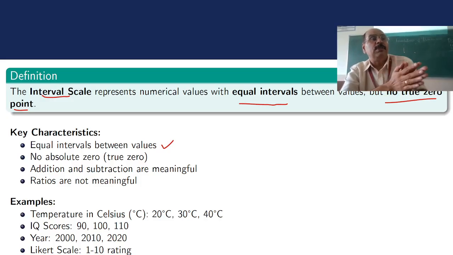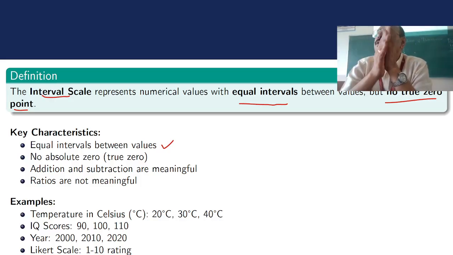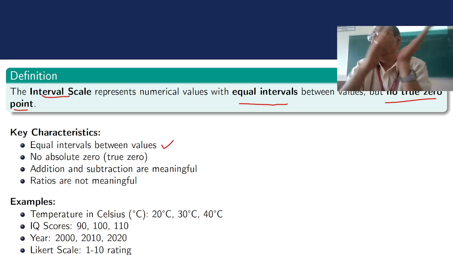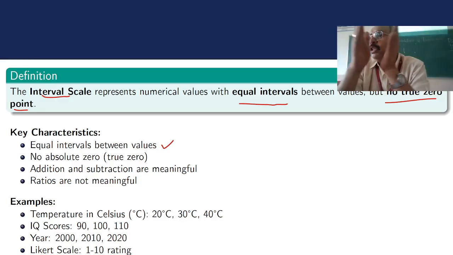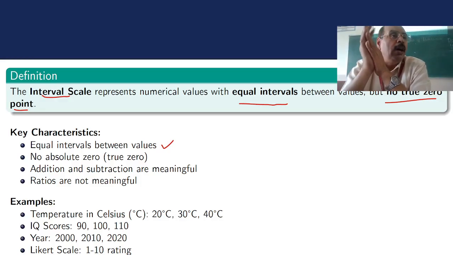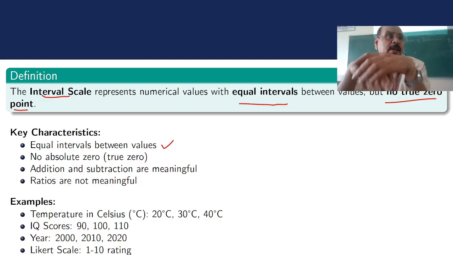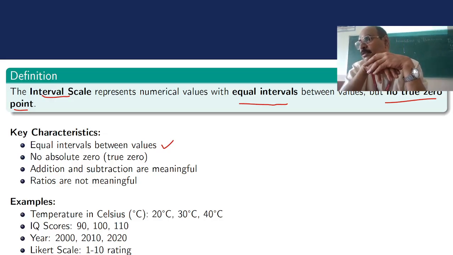When I come to the interval scale, I'll give intervals: so many students at 90 to 100, 80 to 90, 70 to 80, 60 to 70, 50 to 60, 40 to 50, and so on. This is more clear. The data is more clear.